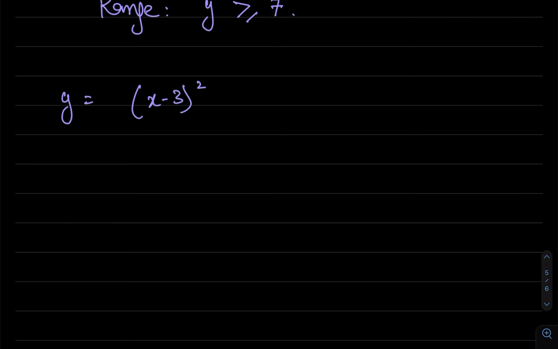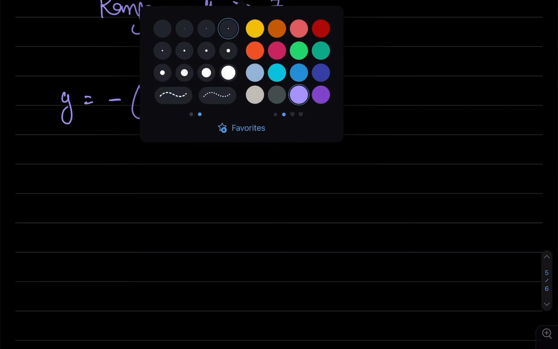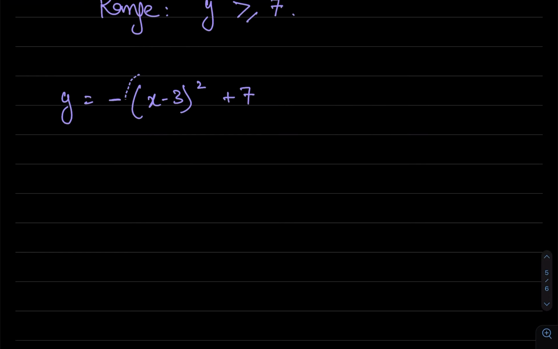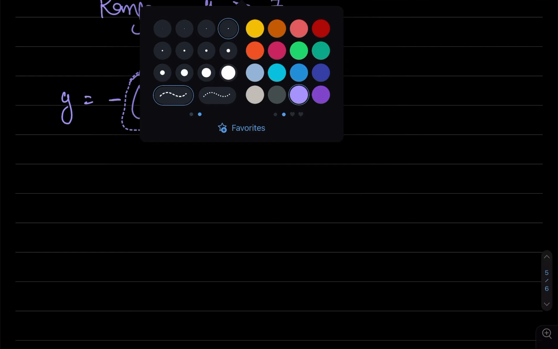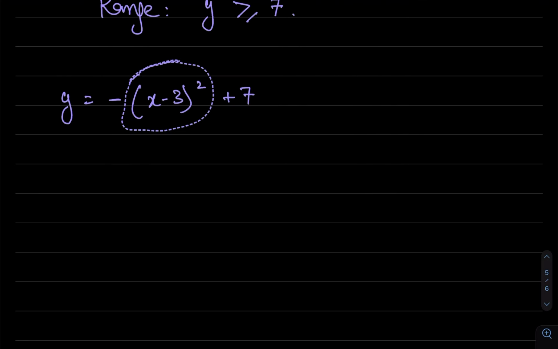Now, to spice things up a little bit, let's take another example. We'll take the same example, but I'm going to change a small thing. Let's put a negative sign here. Now it's becoming interesting. Now whatever you're getting out of this square is going to be positive, and when you multiply it with this negative sign, it's going to make it negative.